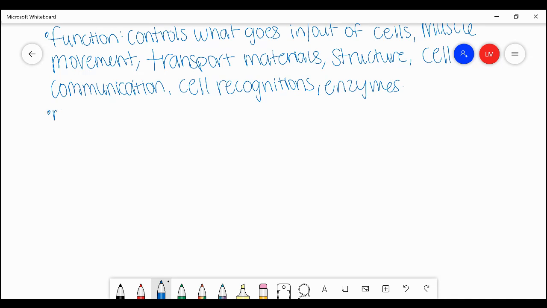The monomer, or building blocks of proteins, are called amino acids. There are 20 different amino acids found in humans, and all proteins are made from different lengths and combinations of those 20 amino acids.